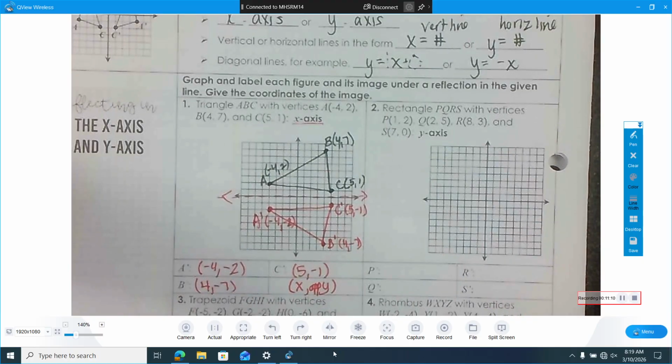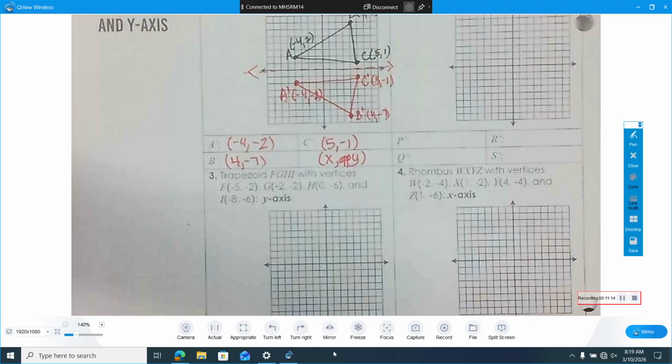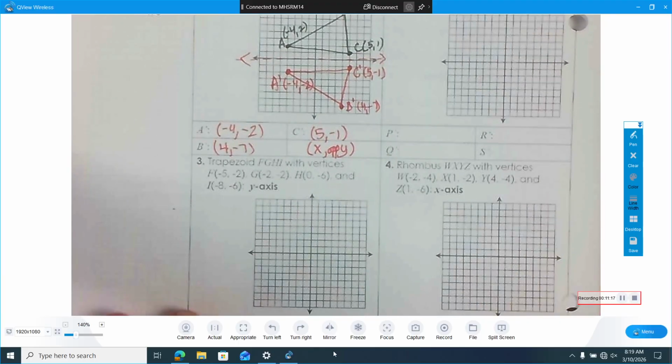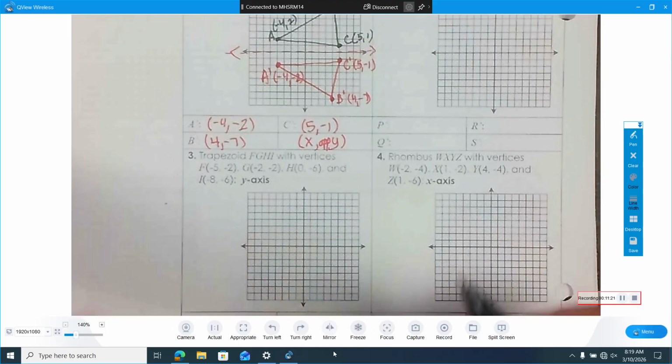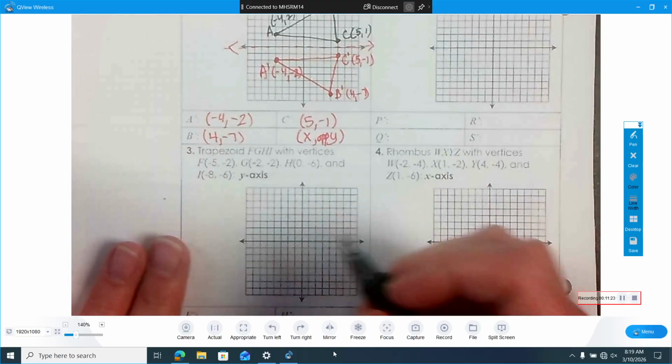Let's look at number 3. Number 3, we have trapezoid FGHI with vertices F at negative 5, negative 2. Go ahead and graph our trapezoid here in number 3.